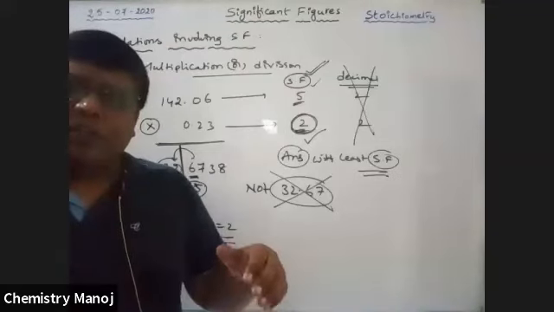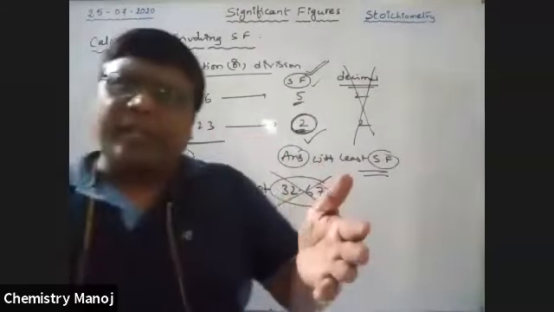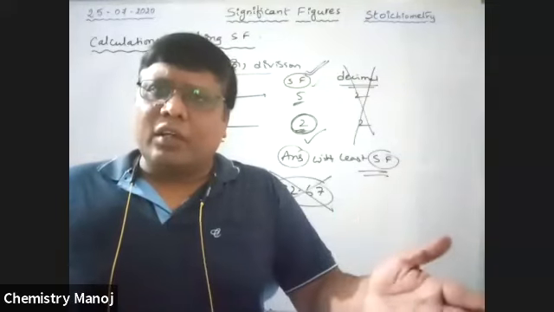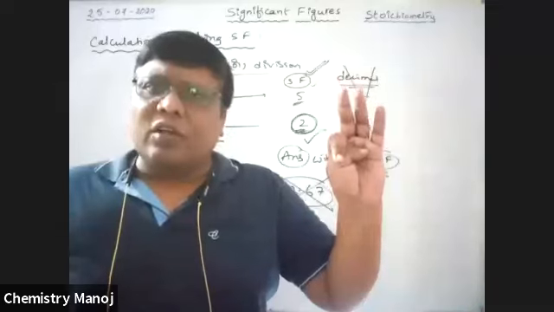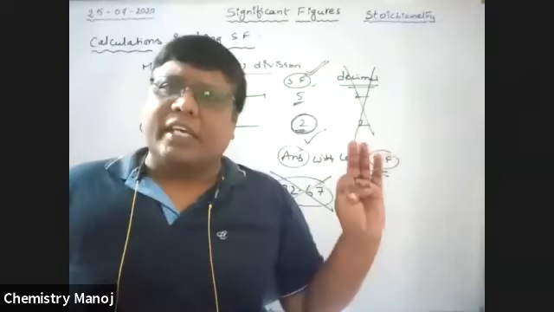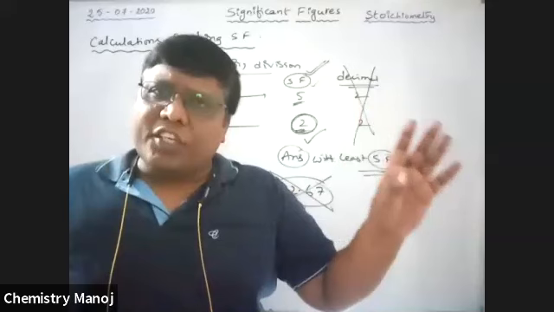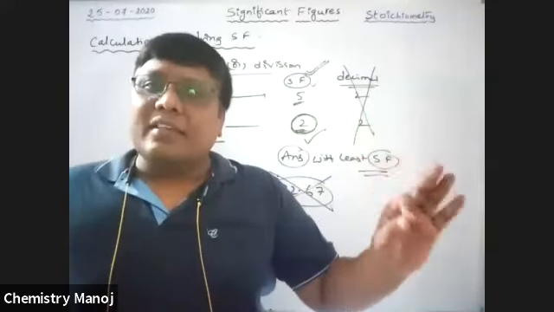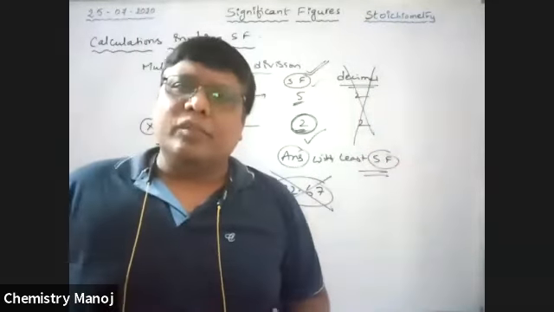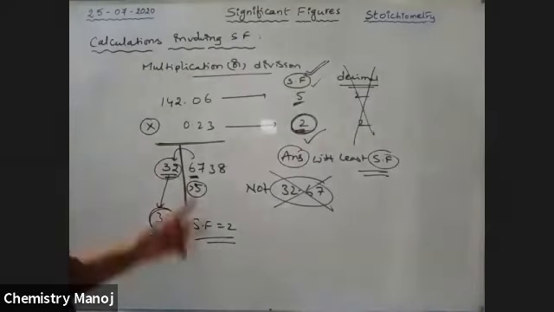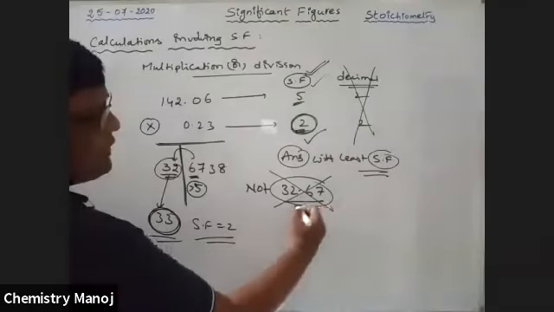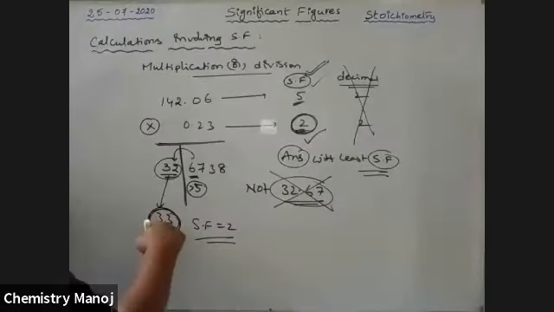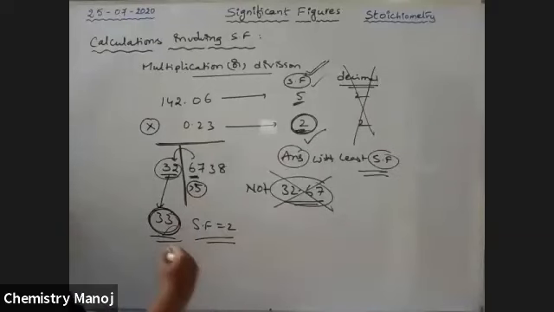So please keep in mind, are you doing multiplication or addition? Are you doing division or subtraction? During multiplication and division, we use the least significant figure as the final answer. During addition and subtraction, we must use the least decimal point as the final answer. So therefore, finally, our answer is 33, not 32.67. It is a significant place, not a decimal place.